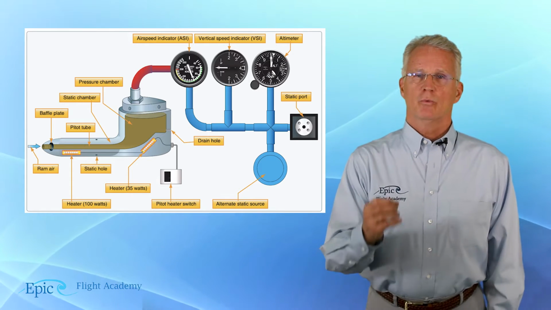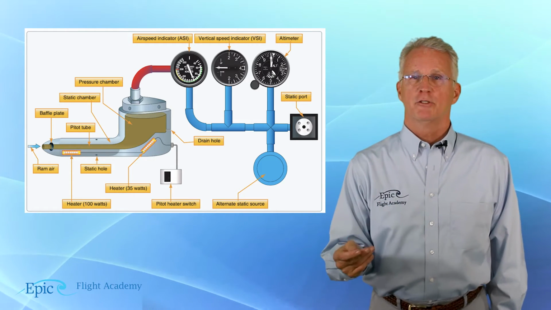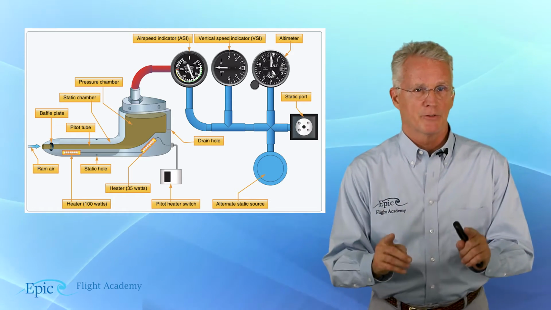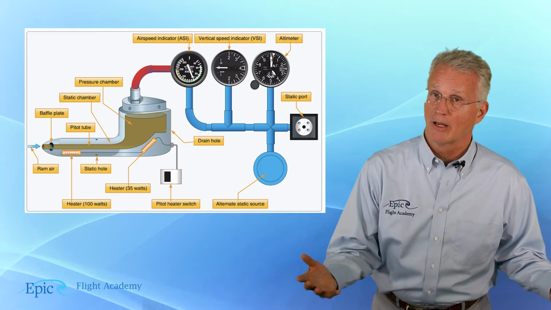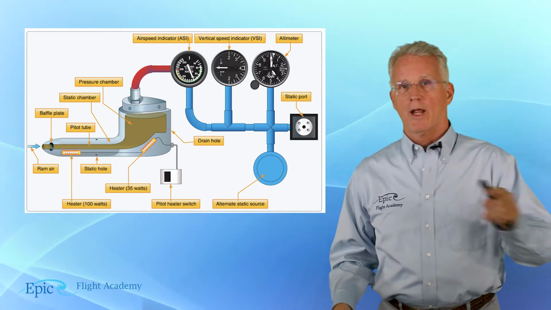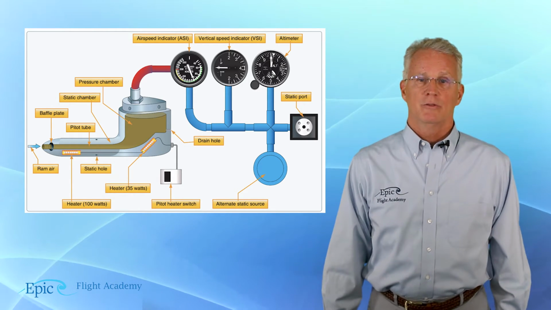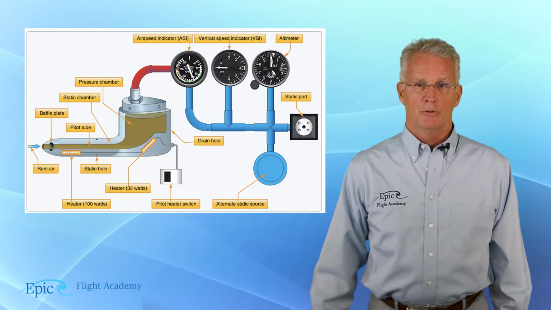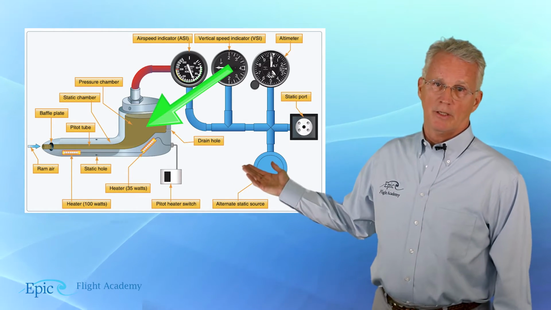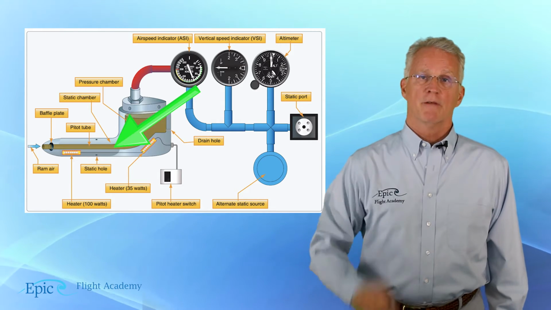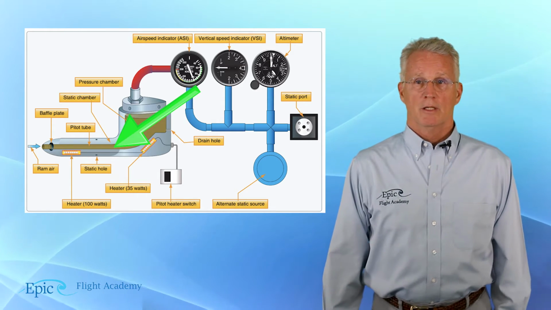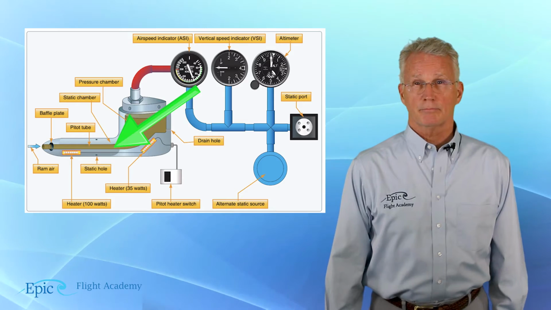The actual airspeed indication is the difference between the ambient air pressure, static air, and the ram air pressure coming into that pitot tube. You can see that depicted here. You can see the pressure chamber and the static chamber. Remember, the difference is what gives me indicated airspeed.